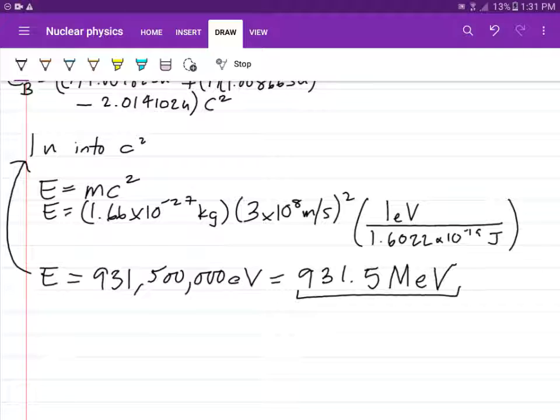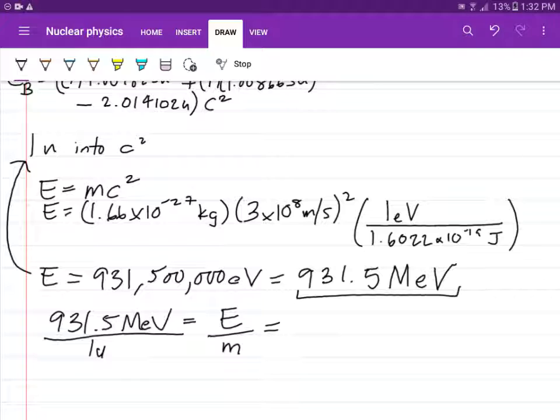So now we want to express c squared in terms of energy, 931.5 MeV over U. We know that 931.5 MeV is the energy, and if we divide it by 1 atomic mass unit, or 1 m, in this case, we would get the value of c squared.